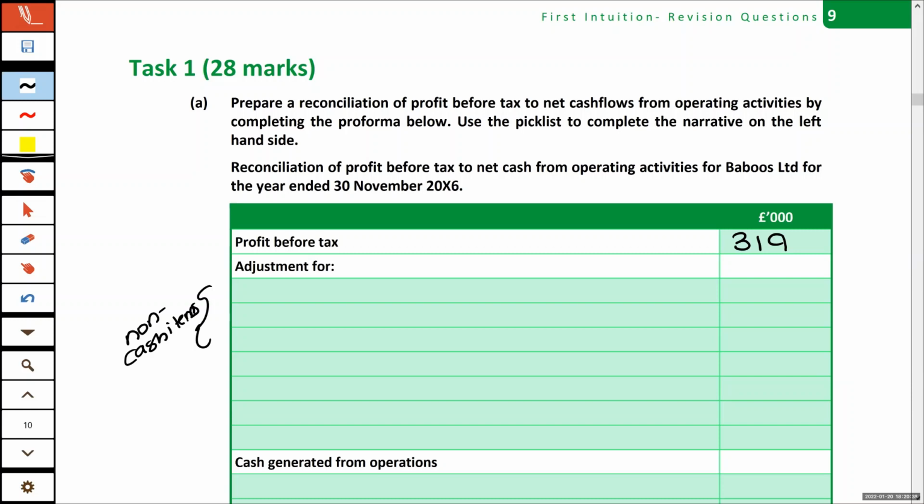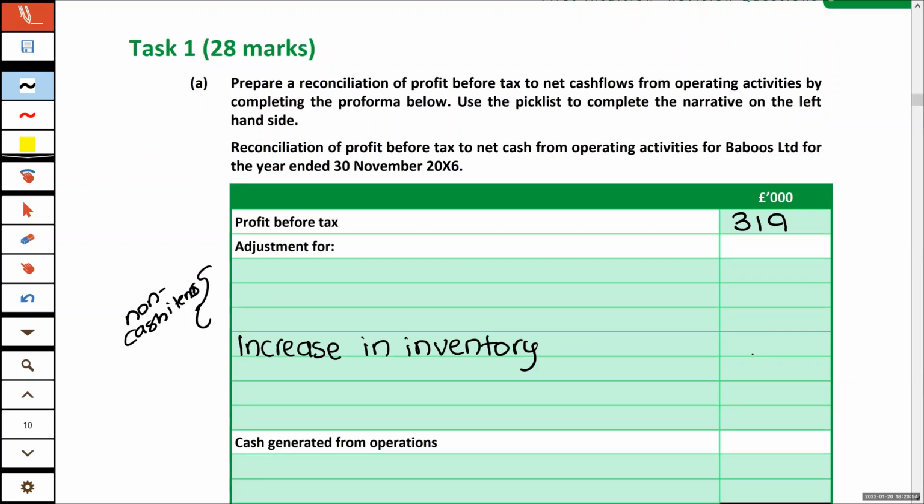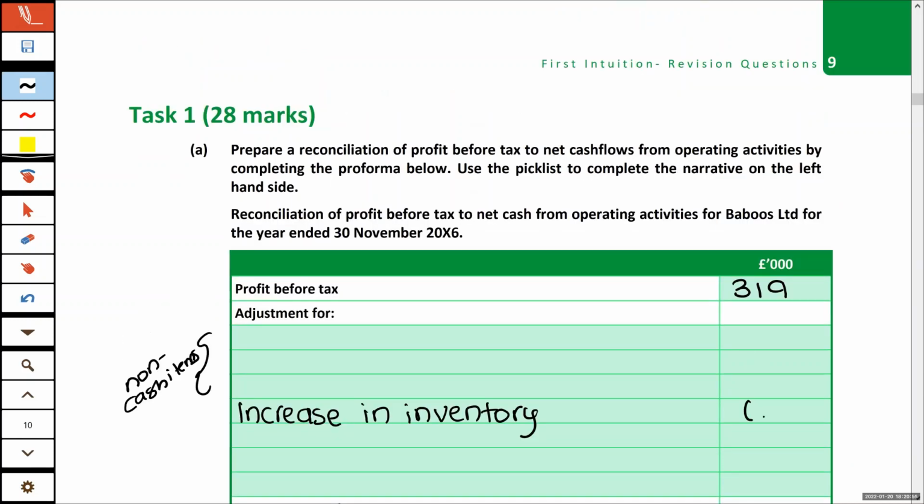And in a working capital movement, one is the increase in inventory. As we all agree, that is a bad thing. Increase in inventory is a bad thing, therefore that is a negative 26. More inventory means you have to sell things. You still have things that you've not sold, you've not got the cash. That's bad.